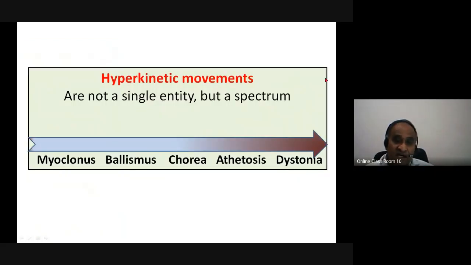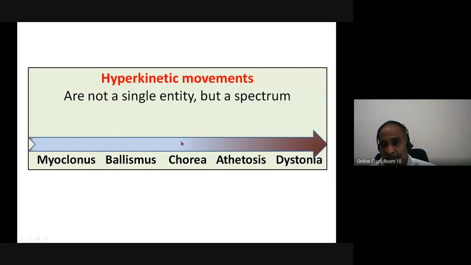The hyperkinetic movements, what we were talking about, the Huntington disease, are not a single entity, but a spectrum. Here I have put the spectrum. The hyperkinetic starts with a myoclonus, that means a small muscular activity. Then they become ballistic, so that means there are flail or unpredictable sudden activity.